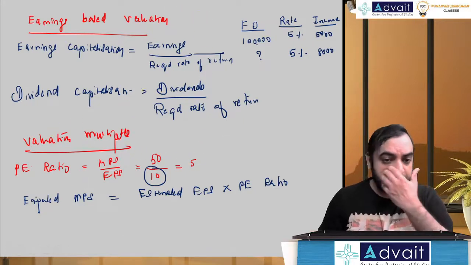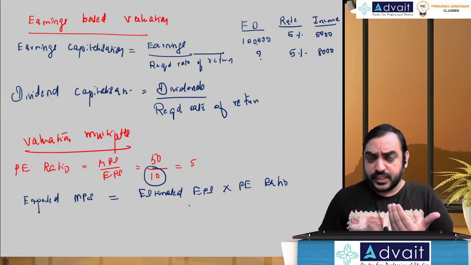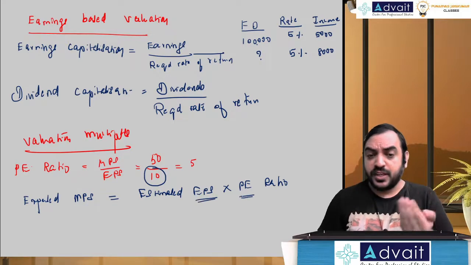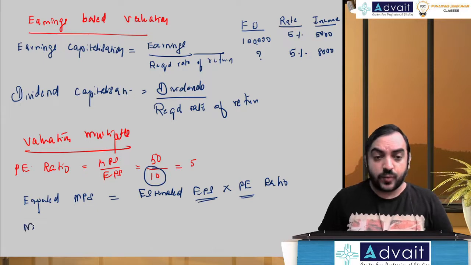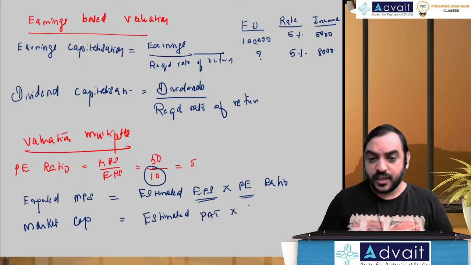Okay. So ultimately, the formula for expected market price is, if you know the EPS estimation, EPS multiplied by P ratio. Or you can also tell total value. You can say market cap, market value of the company. Market cap of the company is the estimated earnings or estimated net profit, estimated PAT, multiplied by P ratio.